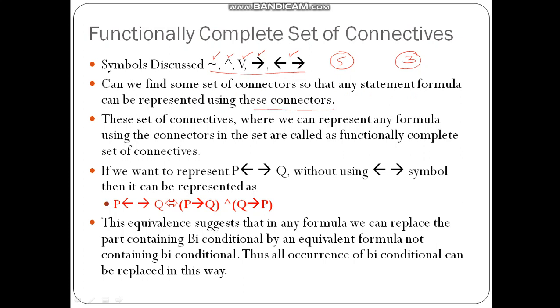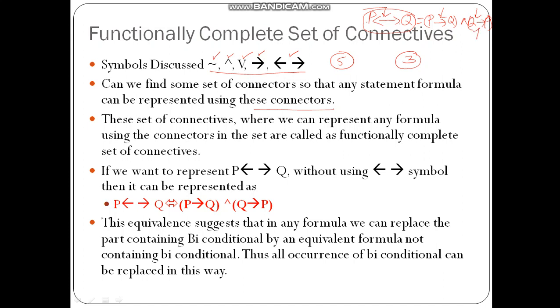So any statement formula, let it be P biconditional Q. So P biconditional Q can be represented as P implies Q and Q implies P. So if, let us say, I am using the basic gates, and this connector is not available with me, I can construct this formula by using the implication connective.